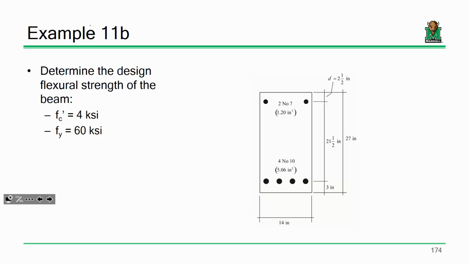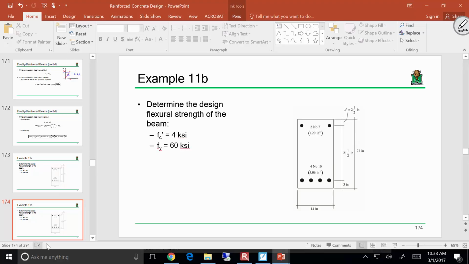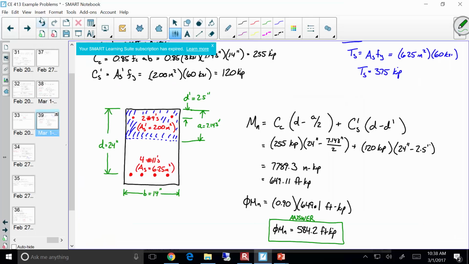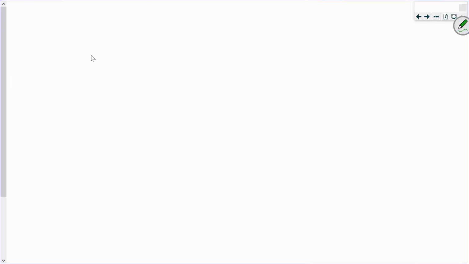Okay. Now let's at least set up some basic calcs, and then we'll call it. This problem is going to start out just like the last one. I'm probably going to refrain from drawing a lot of the diagrams because they're all the same. Example 11B. We're going to make the similar assumption.